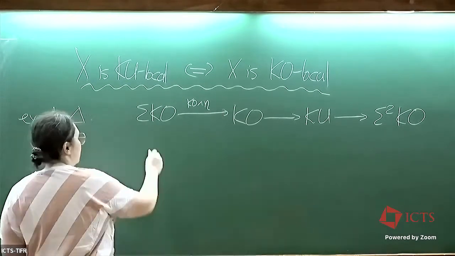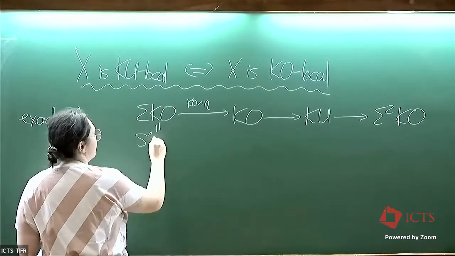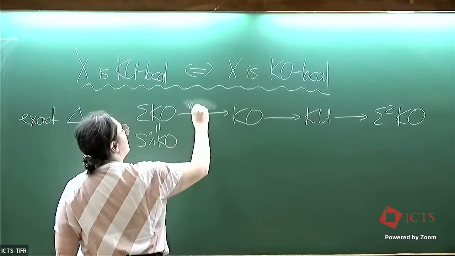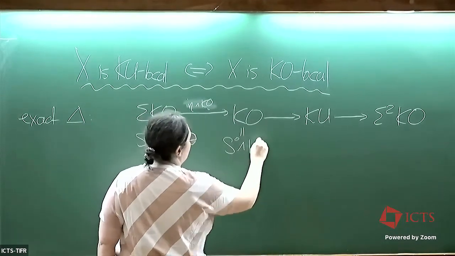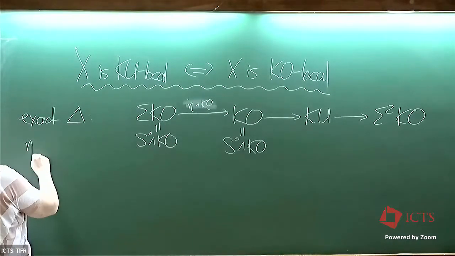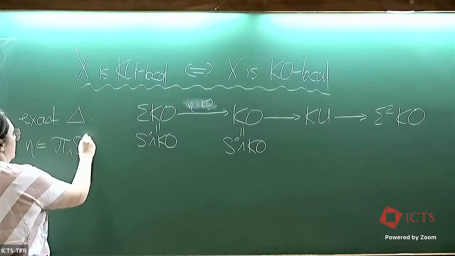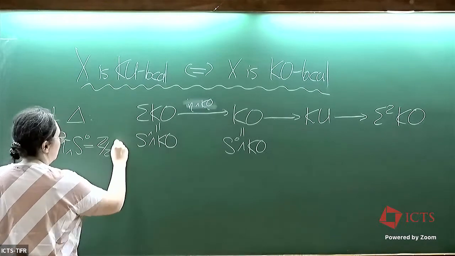What do I mean by that? Well, suspension of KO is the same as S1 smash KO. Now I've written it the wrong way around. That is, of course, just S0 smash KO, and eta lives in the first stable homotopy groups of spheres.